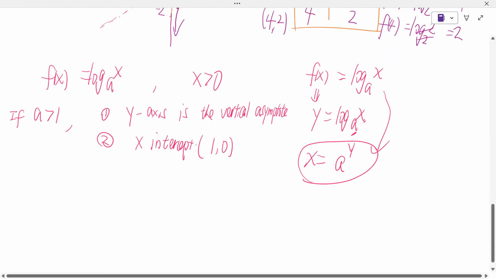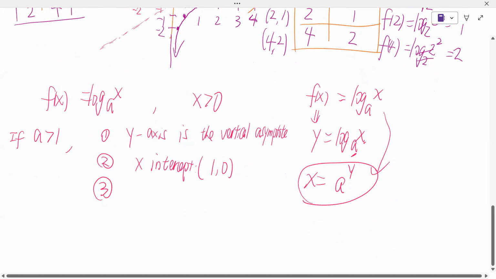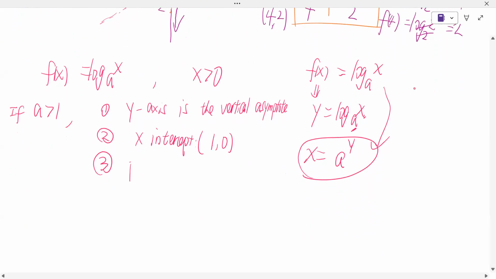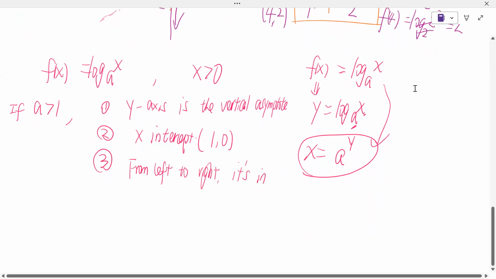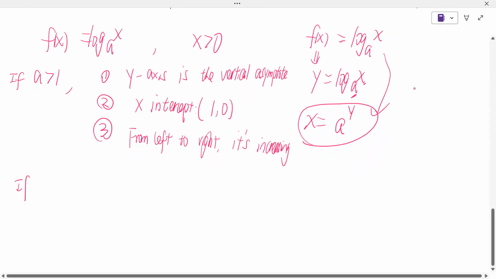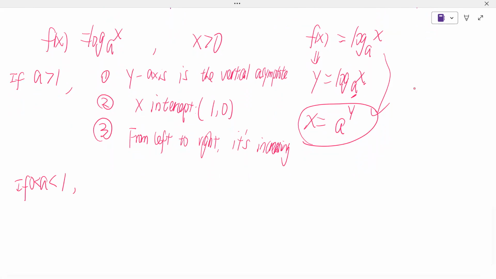Always look there, x-intercept 1, 0. And the third, from left to right is increasing. Very similar, just like the inverse of the exponent. And if a is less than 1, greater than 0, less than 1, a has to be greater than 0 and less than 1.